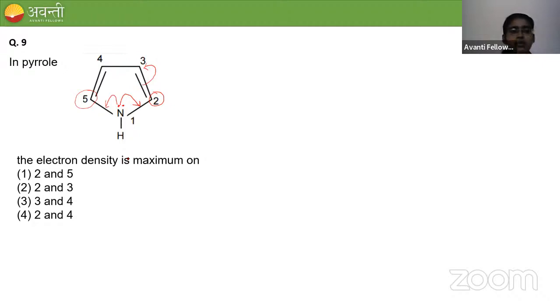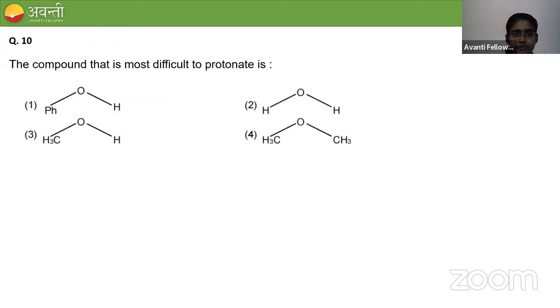So it is more on carbon number 2 and carbon number 5. So option 1 is the answer for this question. Got it? The atom which is nearest to the lone pair containing atom will have more electron density. That is the concept. And coming to the 10th question, the compound that is most difficult to protonate is.